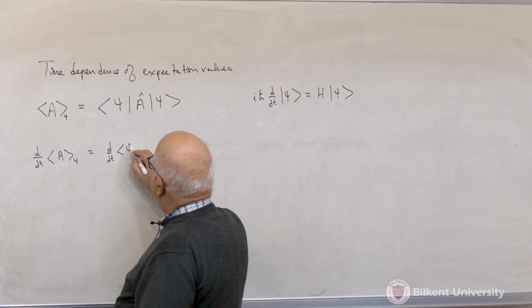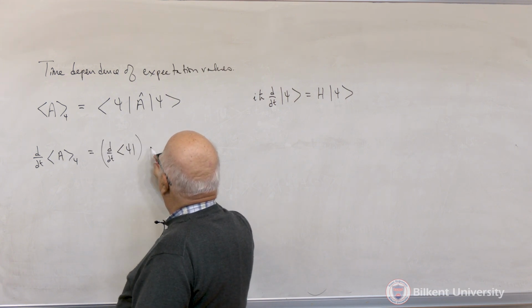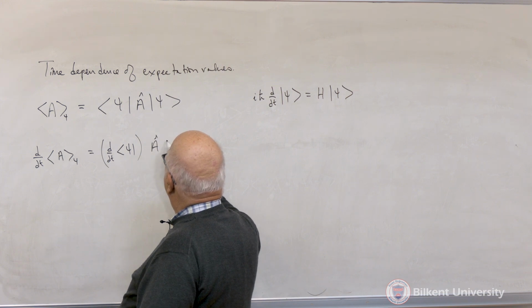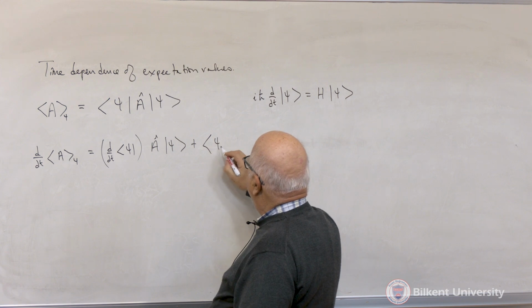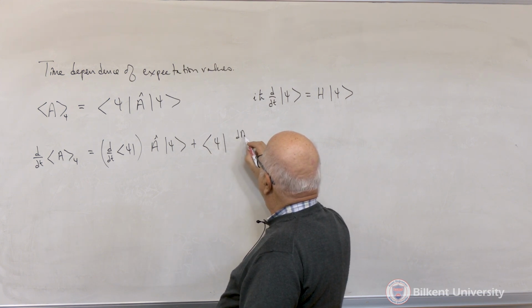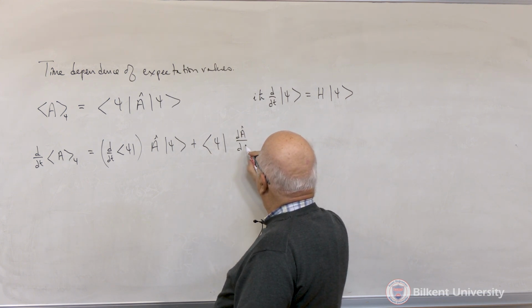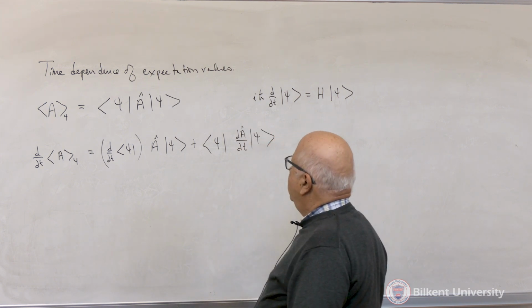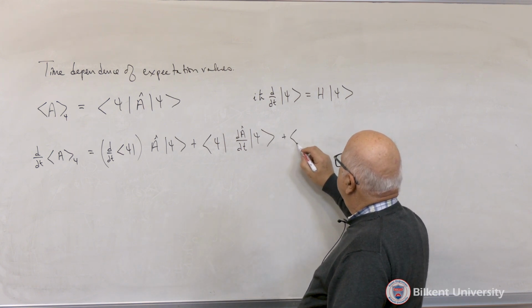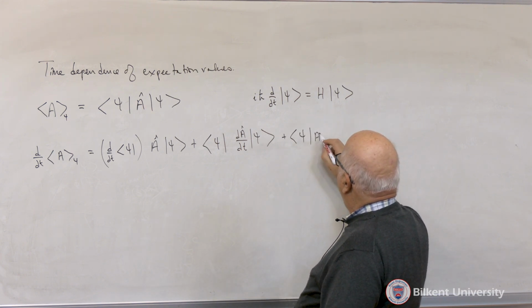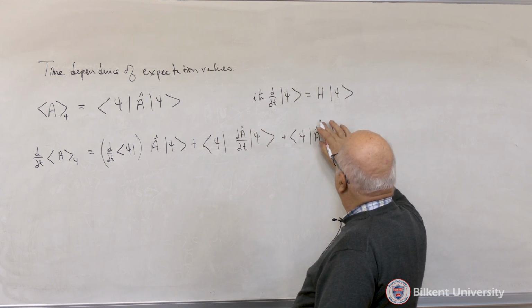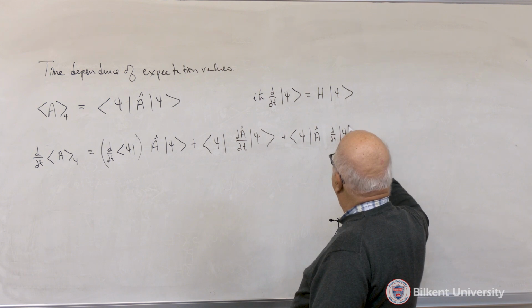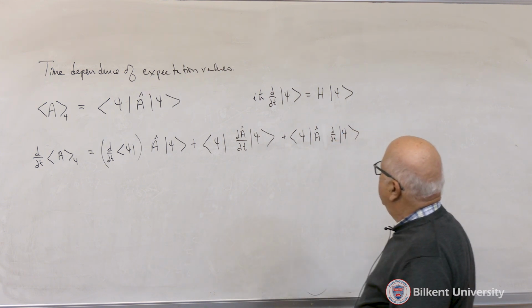d/dt of the bra ⟨psi|, operating on A|psi⟩, plus this ⟨psi|, and in the middle I have this dA/dt |psi⟩, and finally plus ⟨psi|A d/dt |psi⟩, A operating on this.